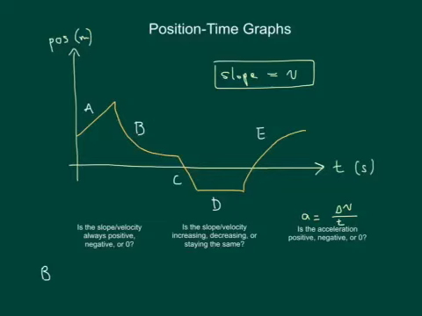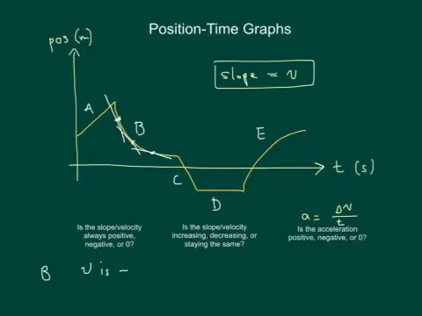We can actually draw in tangent lines to confirm this. Right here, the tangent line is like so. Over here, the tangent line is like so. And over here, the tangent line is like so. All of these tangent lines are sloping down, so the slope is negative for all of B.